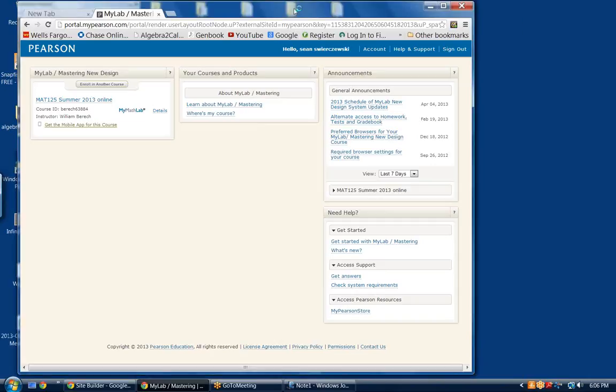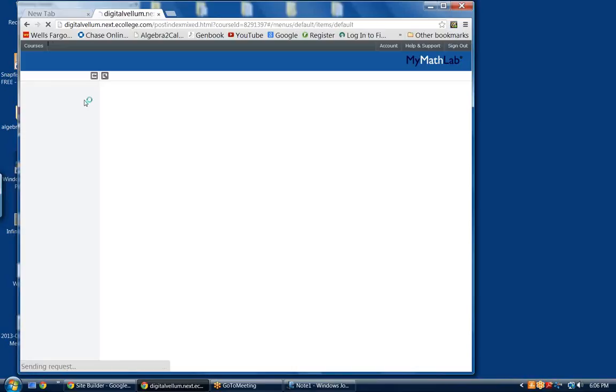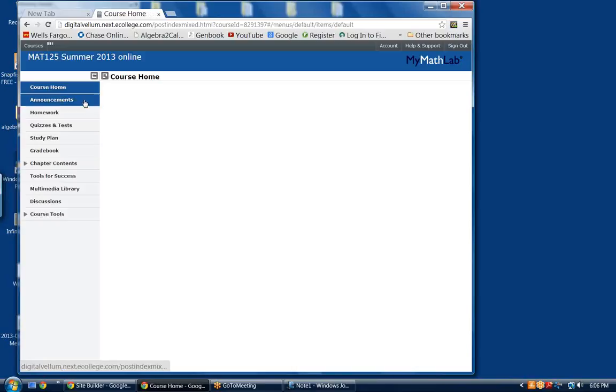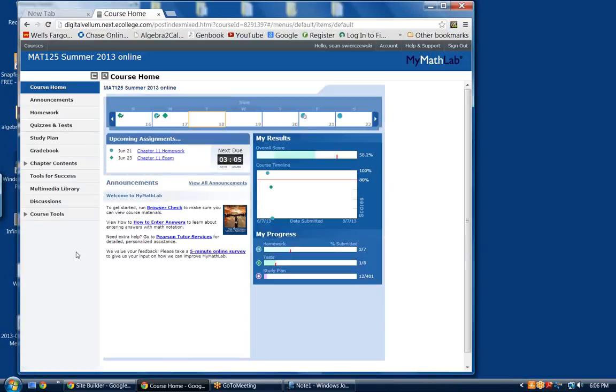To the where it says Math 125, Summer 2013 on the left. Right there? Yeah, and just click that. Okay. And then from there, the homework, or you can just click Chapter 11 homework right there.